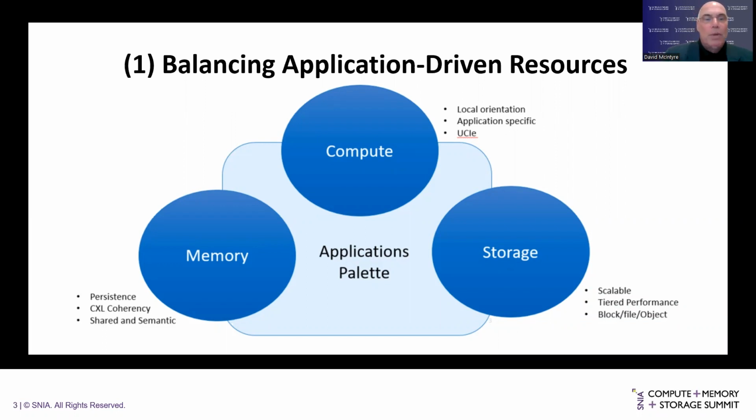So in memory, a while back, there were storage class memory architectures being designed, but now persistence is certainly important for some applications, but we're taking a broader view now, as with CXL enabling coherency and memory pooling and tiering, we're able to now look at shared resources and semantic memory resources as well.